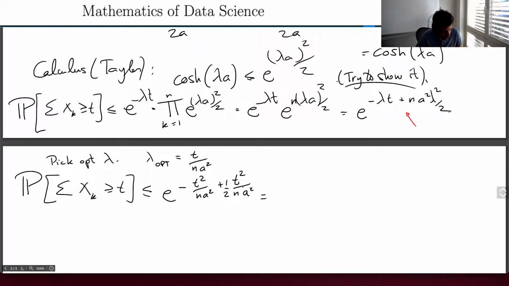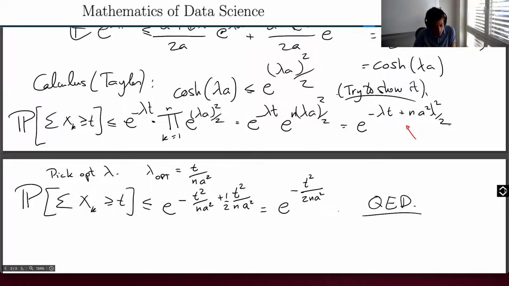Same thing as before. So now I have minus something plus half of it, so this is e to the minus t squared over 2 n a squared, which is exactly what we wanted to show.